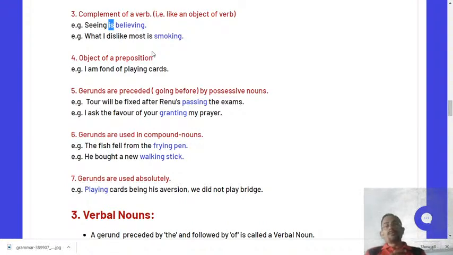So please do remember the difference between the object and the complement. Object is used after the action verbs, whereas complement is used after the be verb. Okay, that is the difference. Otherwise they are alike. In what way are they alike? They are alike or similar because they both go after the verb.